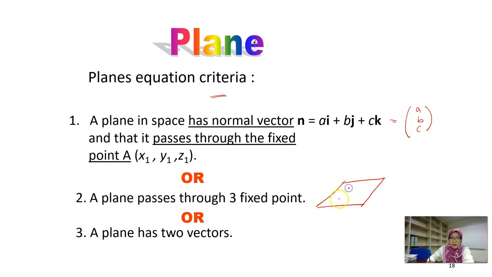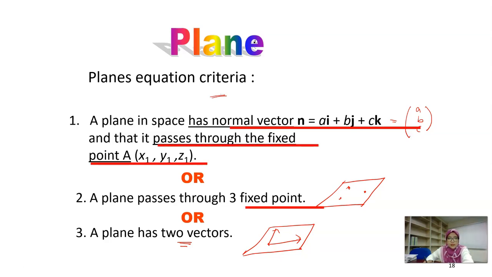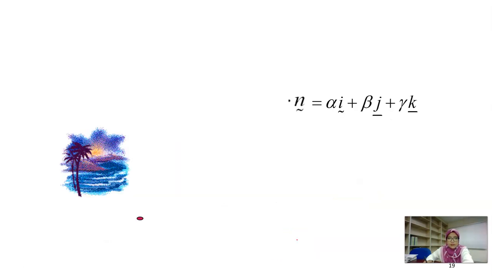There are 3 points on the plane, where you can find the equation of the plane if you have 3 coordinates given to you. Or a plane has two vectors, one vector and another one here. These are the criteria.